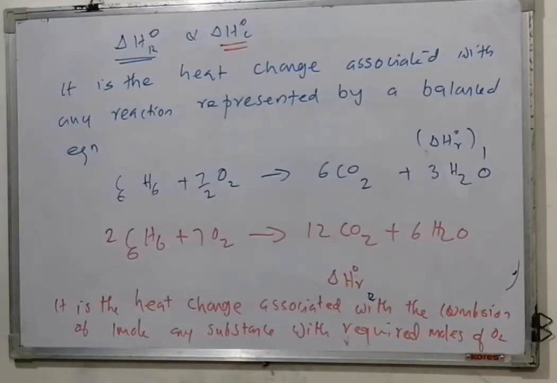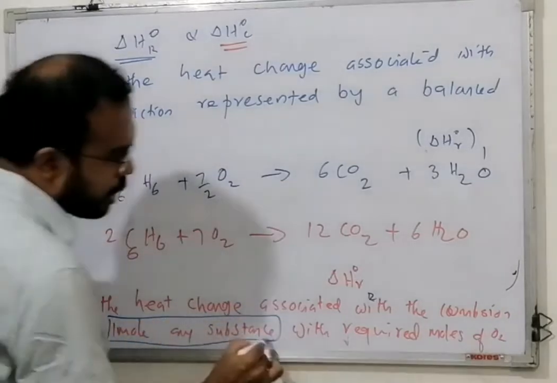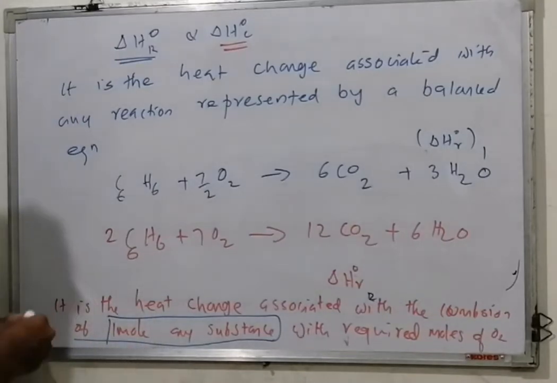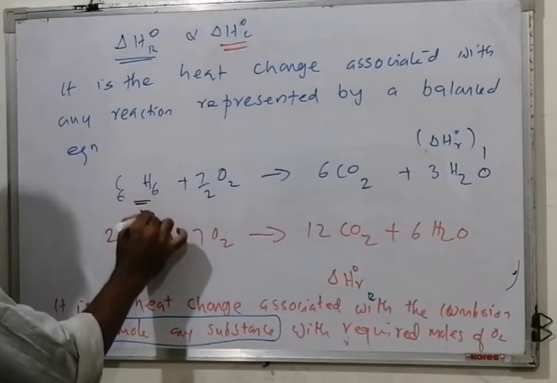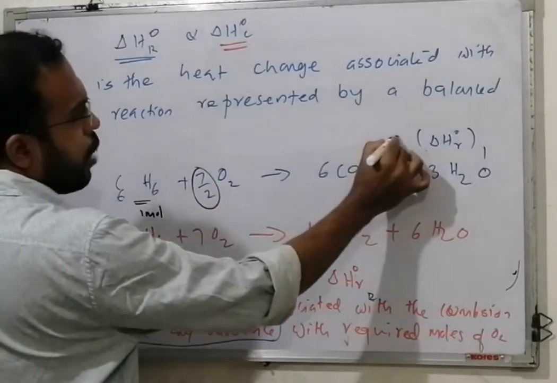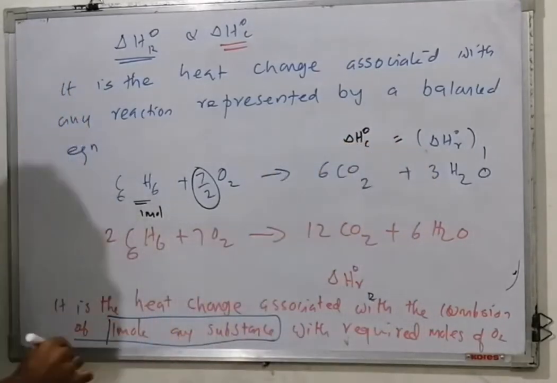Yes. Only the combusting substance should be 1 mole. Oxygen need not be 1 mole. Now I will tell you, here it is 1 mole, 7 by 2 mole oxygen. Therefore, this enthalpy of reaction is equal to enthalpy of combustion.